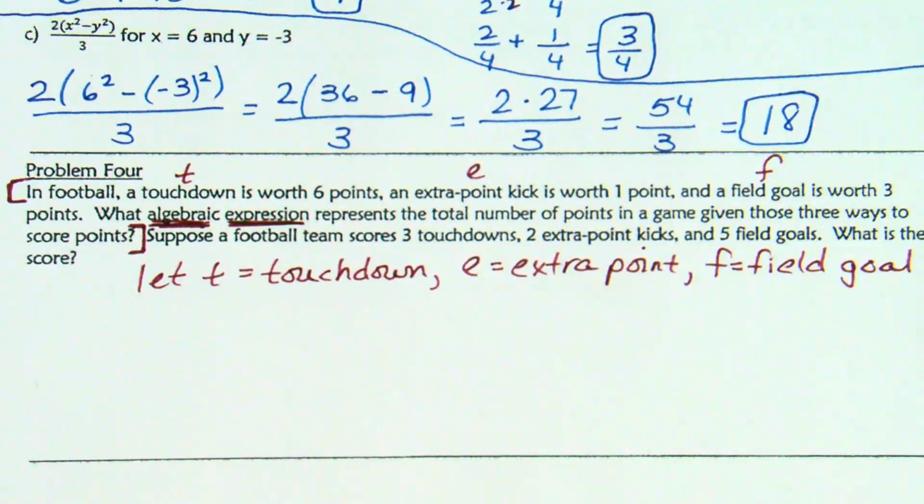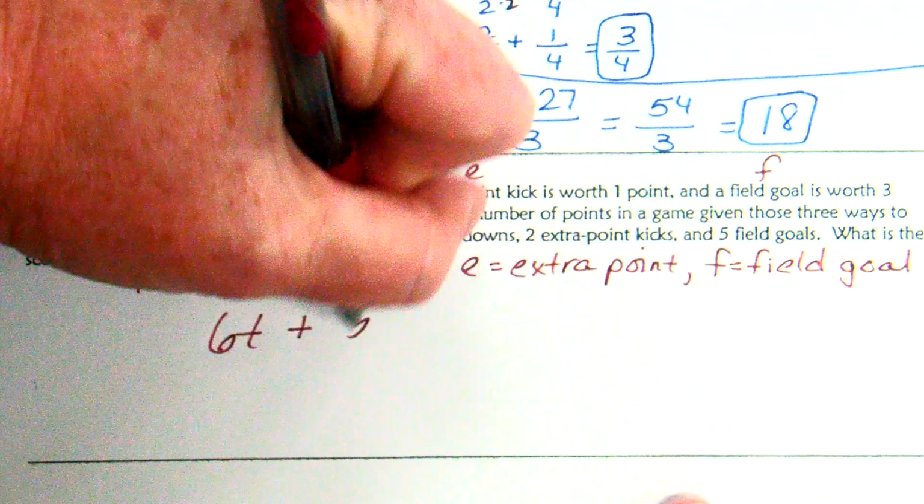So, 6 points a touchdown. How many touchdowns? No. We don't know right now. For what I'm doing, 6t. Plus, extra points are worth 1 point. How many extra points? We don't know. We're going to use e. Officially, it's 1 times e. But, I don't know about you guys.